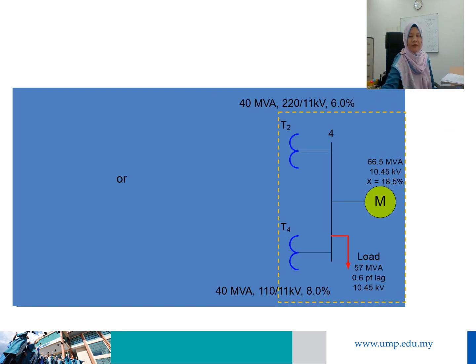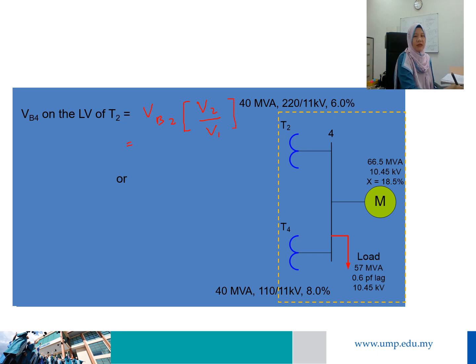For region number 4, the base voltage on the low voltage side of T2 is equal to V base 2 multiplied by V2 divided by V1.